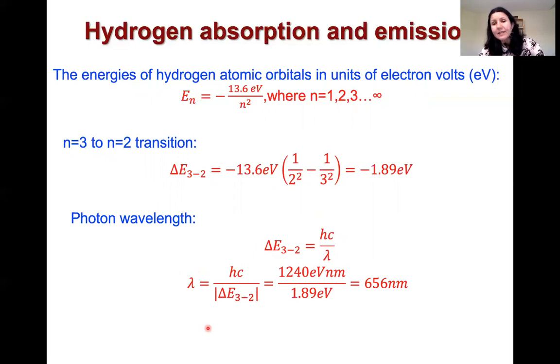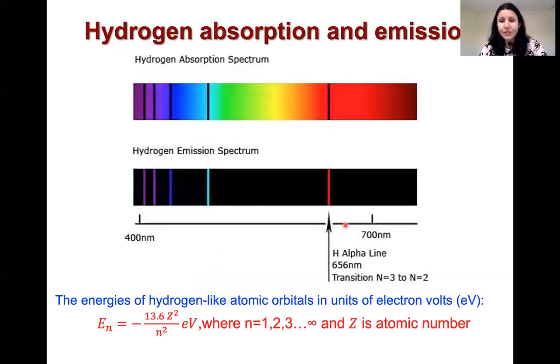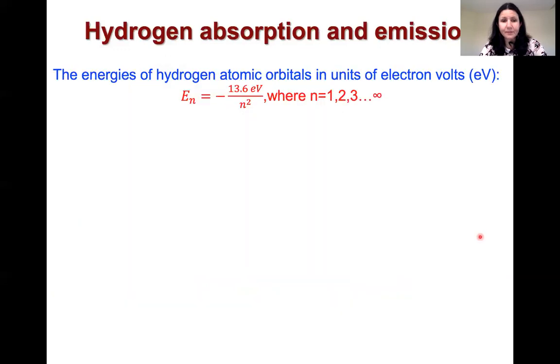It's being emitted, so that's associated with the energy dropping, but when we're thinking about wavelength we want a positive quantity, so we just put the absolute value here, 1.89 eV. This hc up here is that constant I pointed to earlier, 1240, and we get exactly this 656 nanometers, which is the number you saw here.